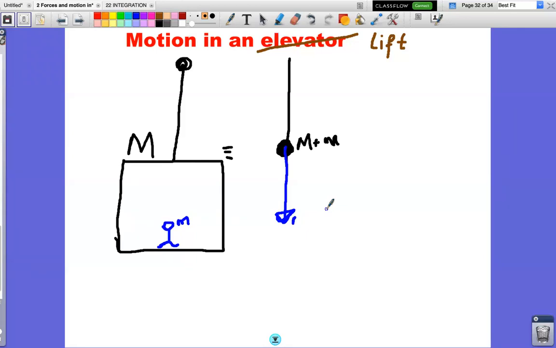What is the size of the weight, please? The weight of this whole system is the mass of you plus the mass of the box times g, right? Which is your mass plus the mass of the elevator times g, right?